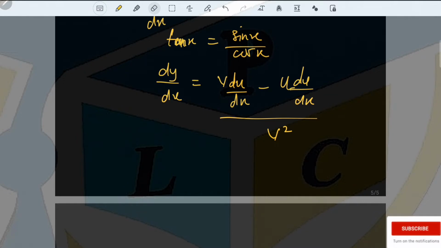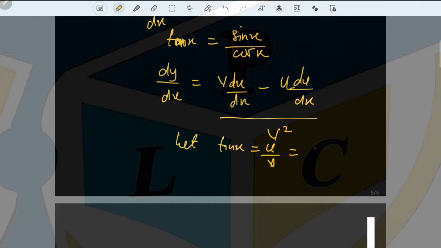Let tan x be equal to u over v, meaning that in this case, sine x is going to be u and v is going to be cos x. I hope that is clear.